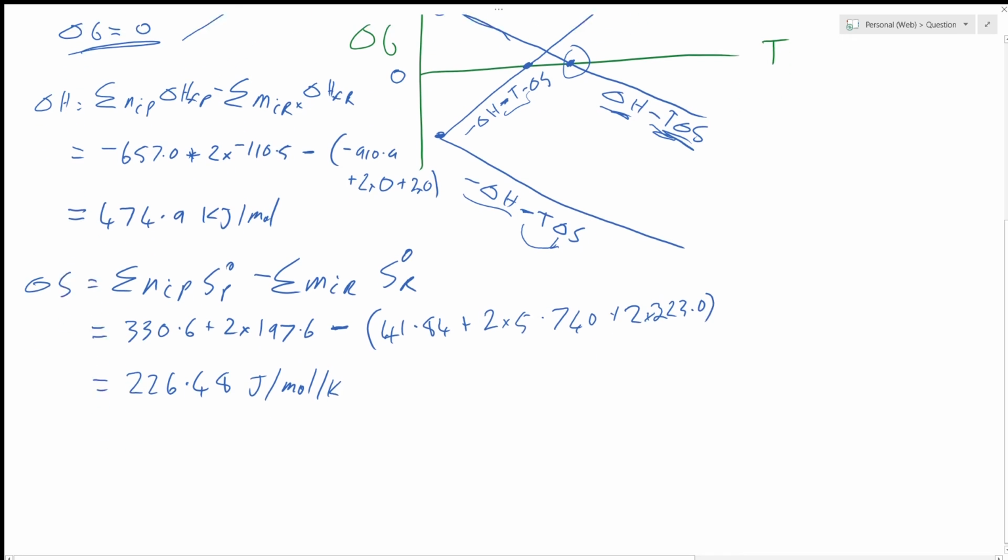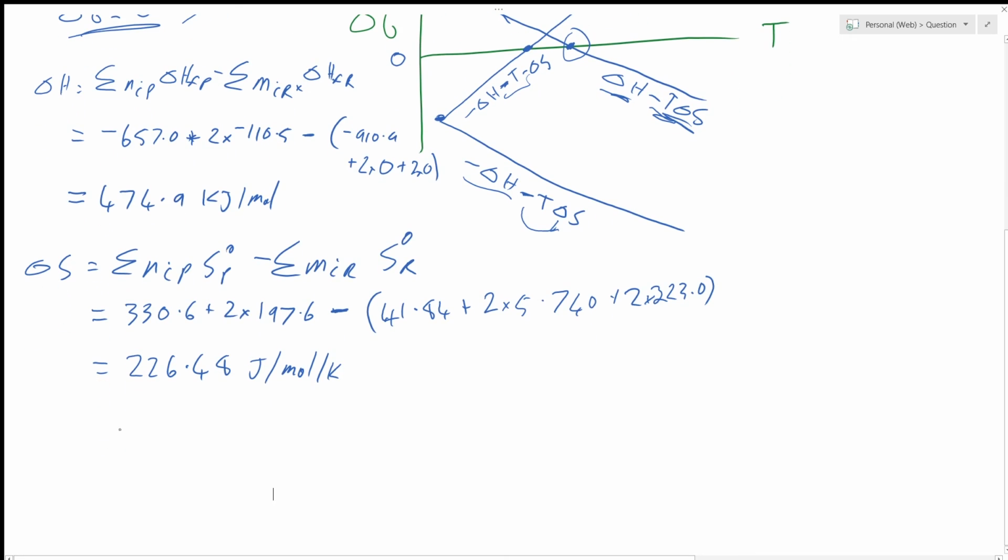So now it's time to put all of this together. So our equation was delta G equals delta H minus T delta S. So we want to figure out when it becomes spontaneous, so we need to have the delta G as 0.